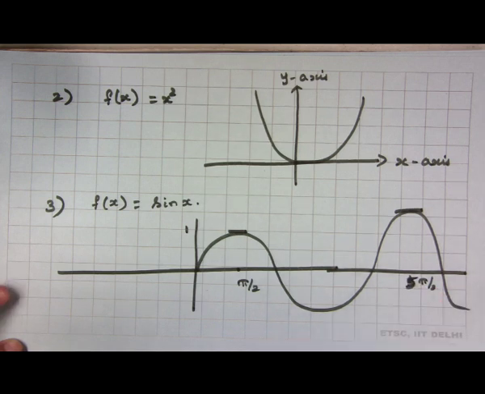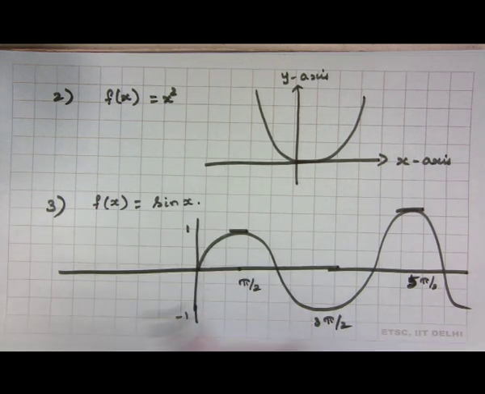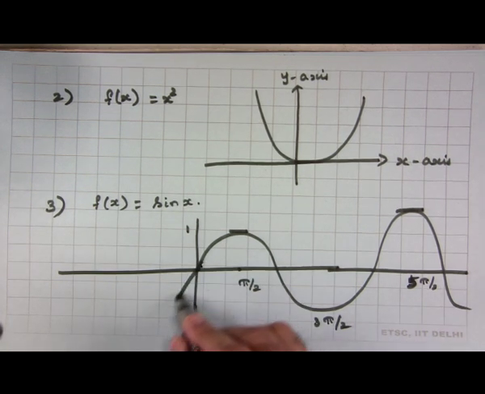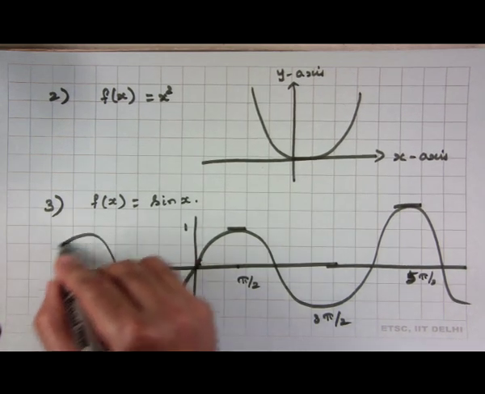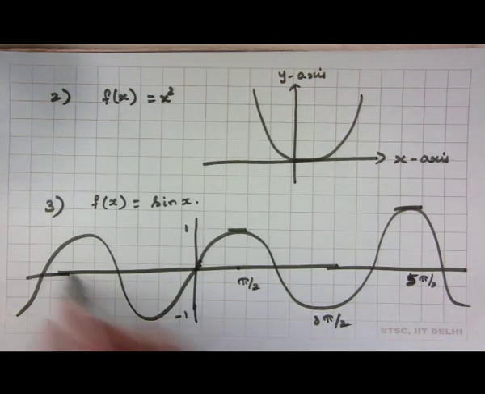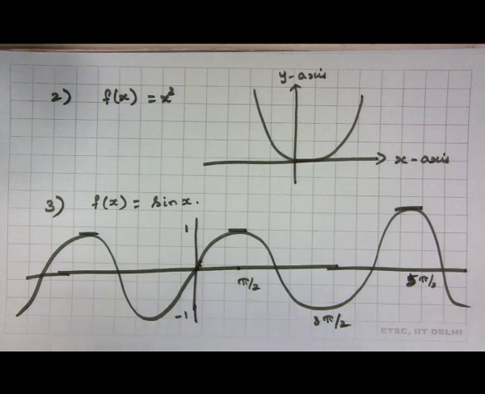And they attain the minimum, which is minus 1, at 3 pi by 2, and again you will have all these things, and similarly on the left you will again have the same thing. The maximum that it attains is 1 and the minimum that it attains is minus 1. This is what is known as the sine function.